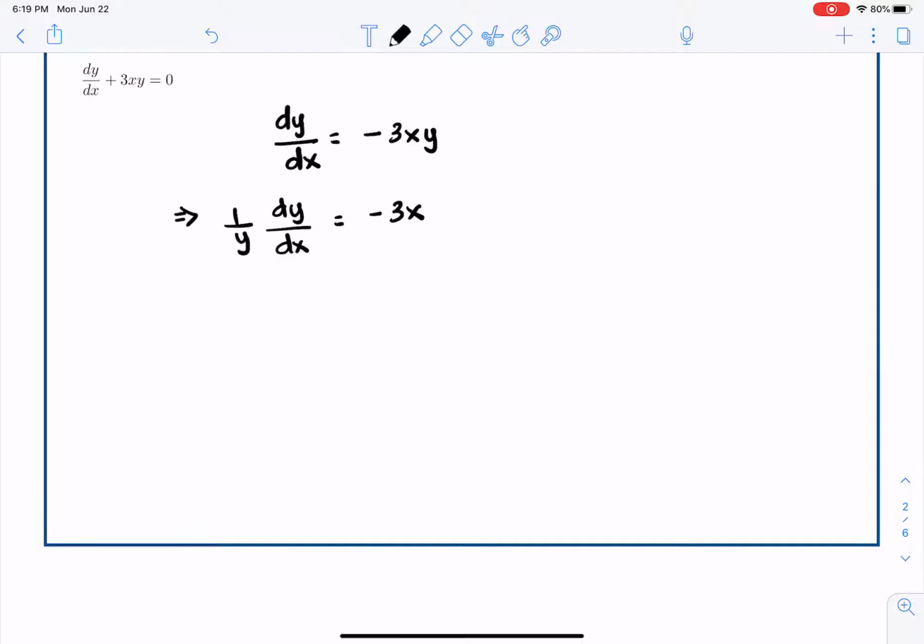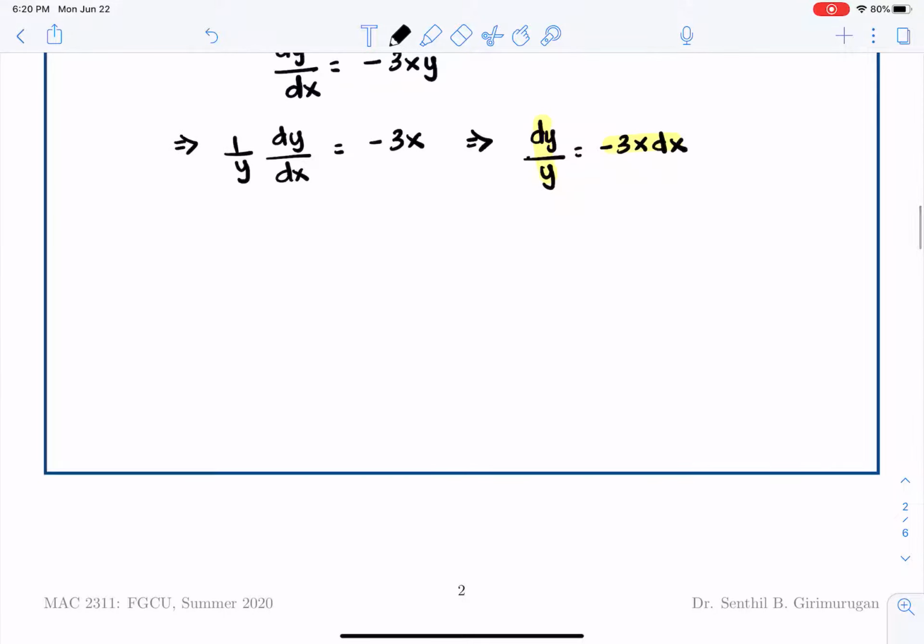I'm going to multiply by dx on both sides, which should give me dy over y equals negative 3x dx. So I have successfully separated the x and the y variables, and they are on either side of the equation. So all I have to do now is to integrate, because the equation is separable.